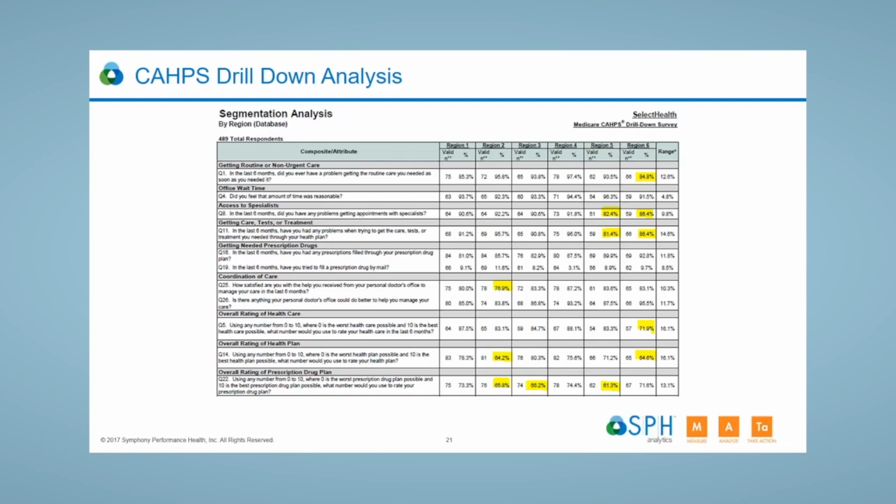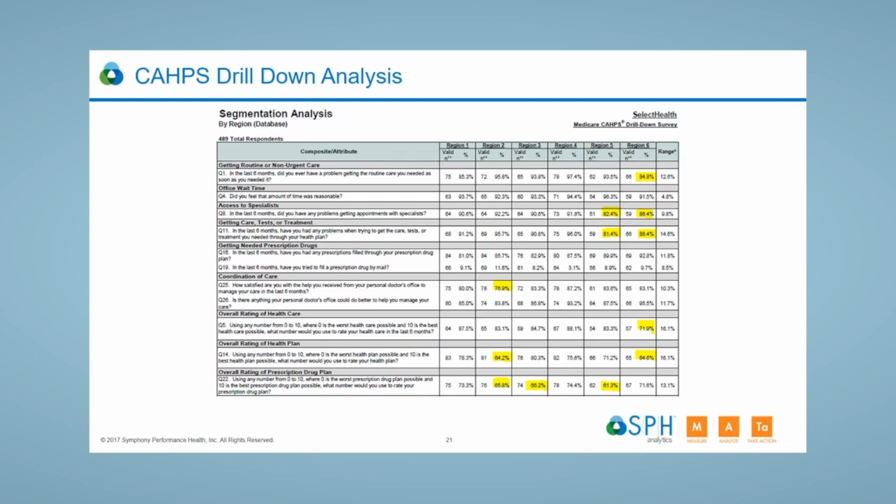So question 1 has to do with getting routine care, and our region 6 is the lowest rated area. So we would ask ourselves, okay, what's different with region 6, and what can we do in region 6 to try to make a difference?